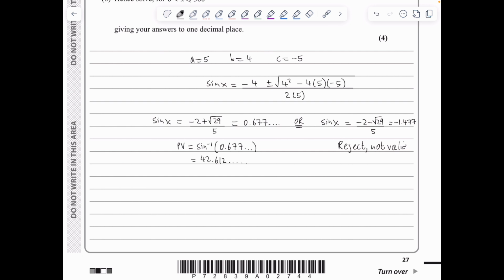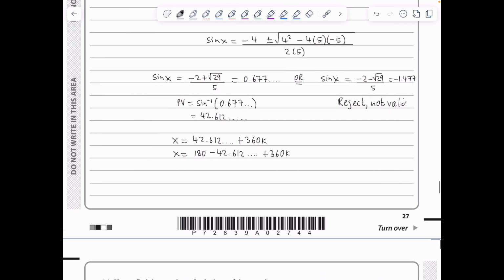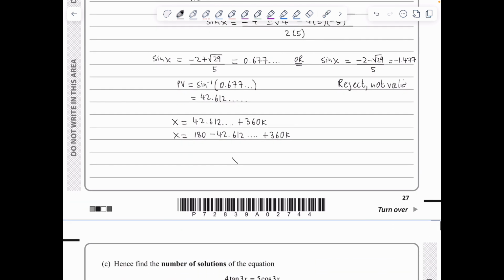And since I'm dealing with sine x, one solution for x will be 42.612 plus 360k, whereas a second solution will come out of x being 180 minus 42.612 plus 360k. Well, x varies between 0 and 360, so we've got a total of 2 solutions between 0 and 360. It's x being 42.6 or 137.4.